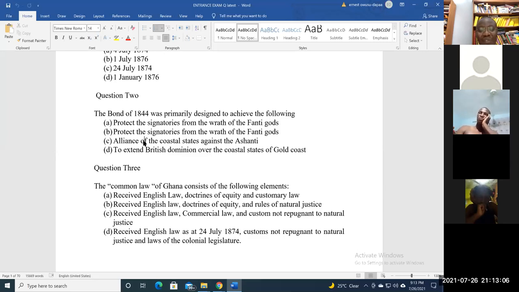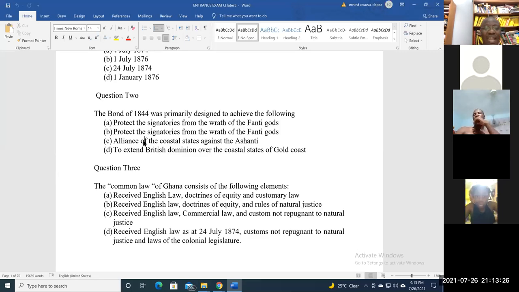If you're using the elimination method, even if you don't know the answer, I think we can easily work it out. A law certainly cannot protect one from something spiritual. So A is out, and for B, you don't even need to waste your time. As soon as you see the gods and the law, you will certainly have to rule it out.